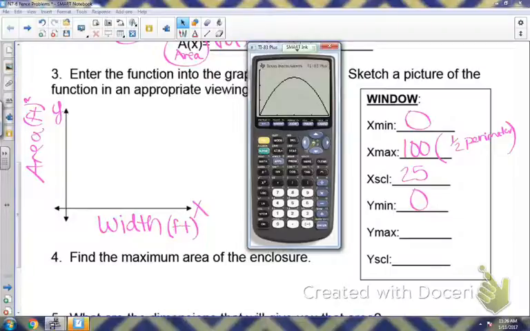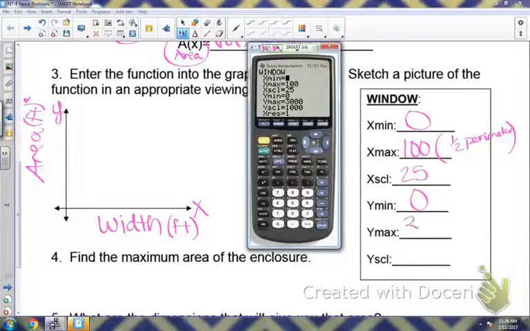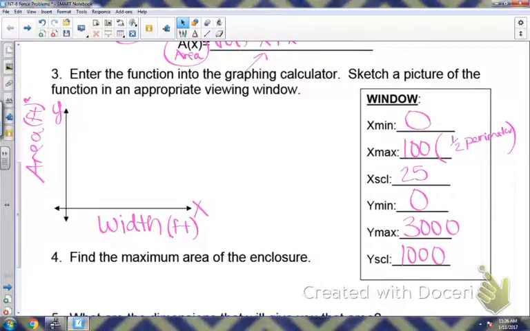Whatever you do in your window is how you need to graph it on your paper. So going back to window, our Y max, we did 3,000, and we increased by 1,000. Okay, so we're going to sketch that graph. Before we do that, let's label our X and Y axis.